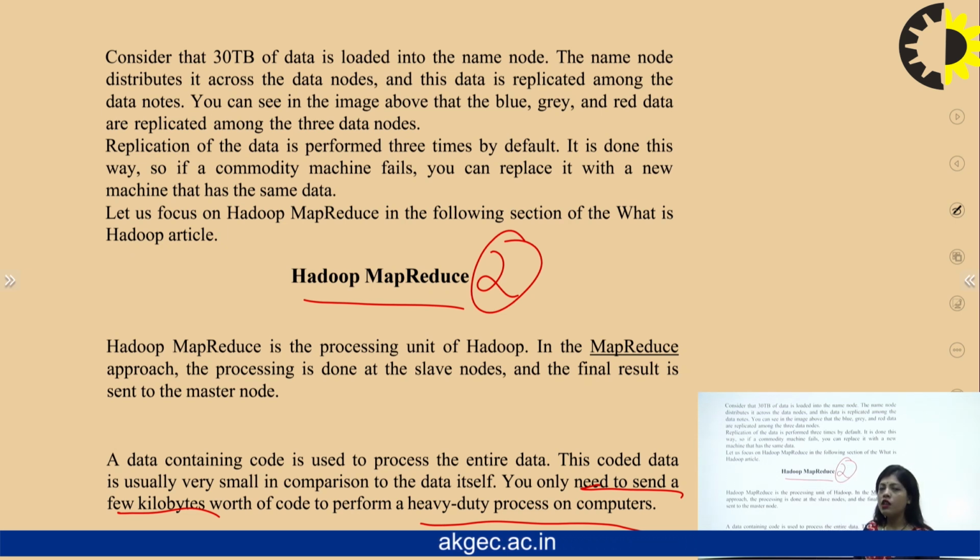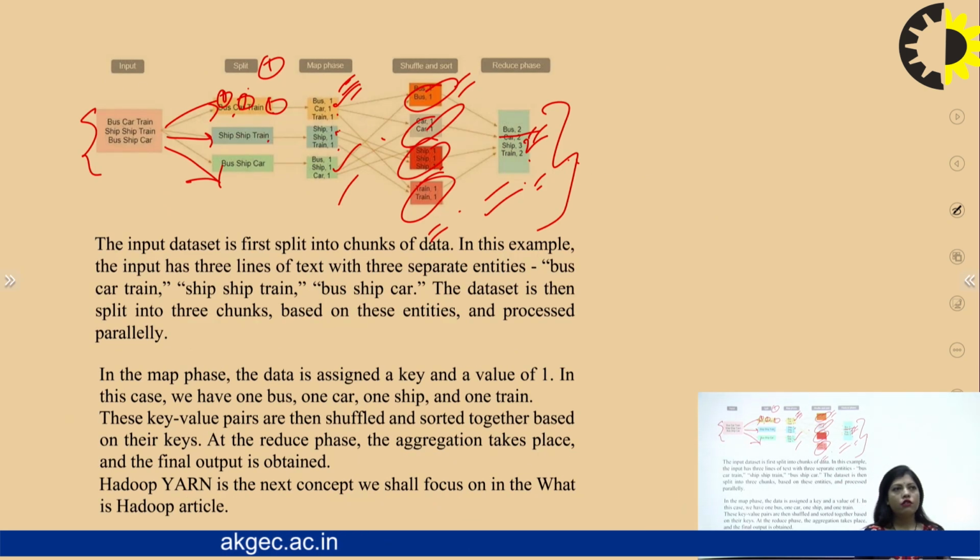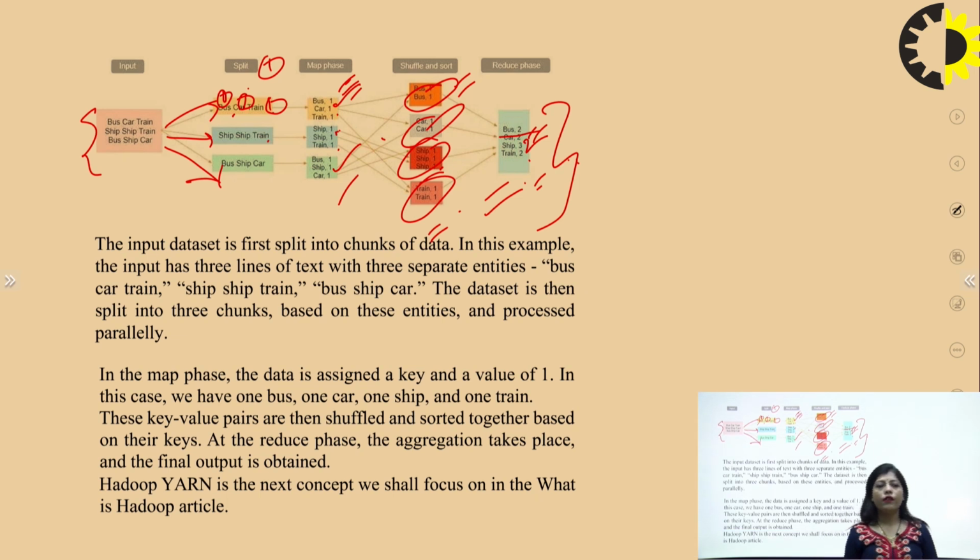The reducer's task is to reduce the data to a single unit. This diagram shows all the stages of MapReduce: first is the input, second is split, third is the map phase, after that the shuffle and sort phase, and then the reduce phase.